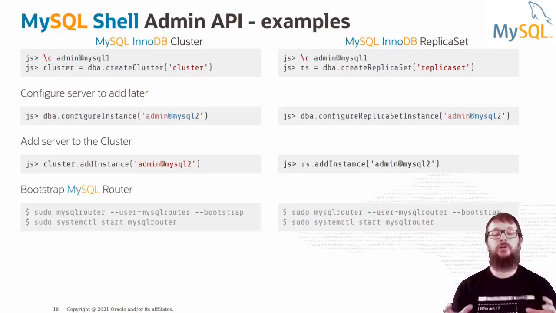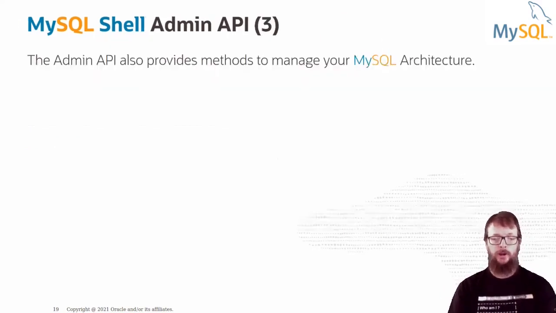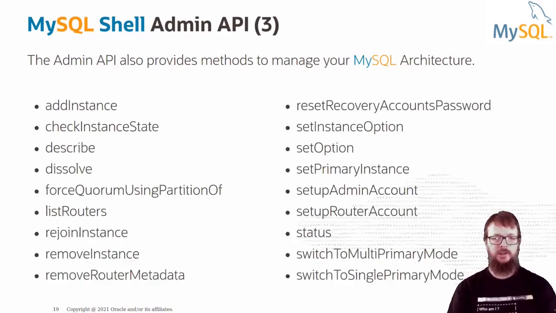Of course, other than configuring your architecture, you also need to manage it, right? And once again, the MySQL Shell admin API provides you all the methods you need to manage your architecture. These are all the methods that are available. You can add an instance, you can check an instance state.